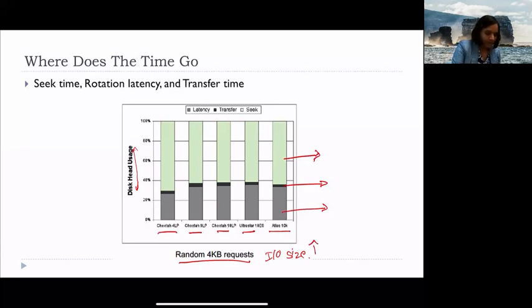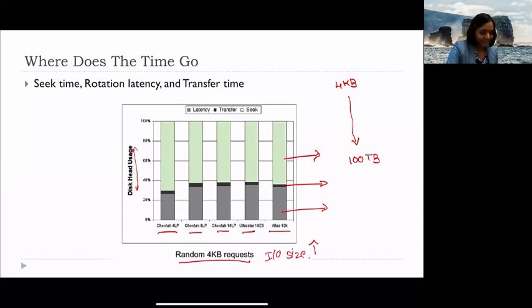Here, this graph shows the trend for an IO size of 4 KB. When we increase the IO size from 4 KB to, let's say, 100 terabytes, a single IO of 100 terabytes. Oh my God, that will be a very, very huge IO. I'm not sure what we would be doing with such a big IO, but it doesn't matter.